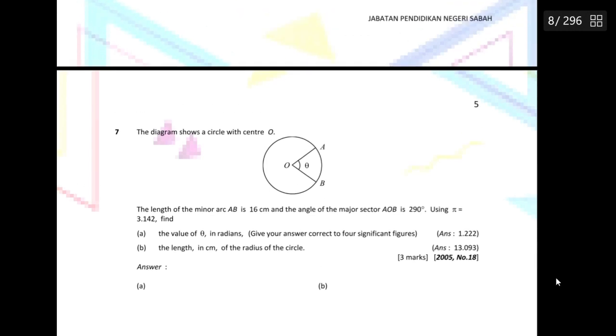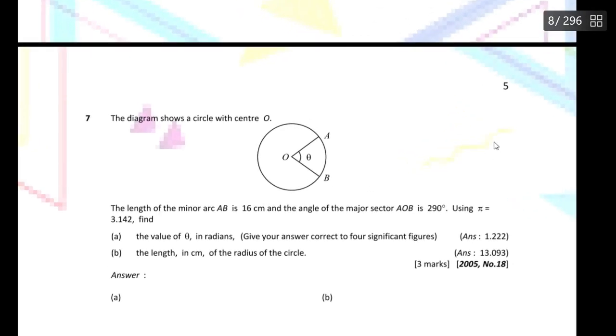Okay, let's look at question 7. The diagram shows a circle with center O. The length of minor arc AB is 16 and the angle of major sector AOB is 290. Using pi equals 3.142, find the value of theta in radians.